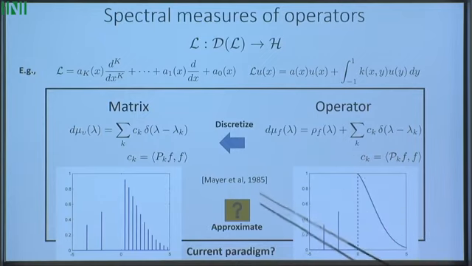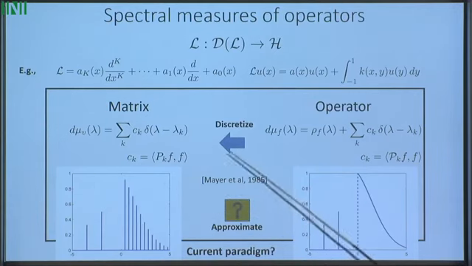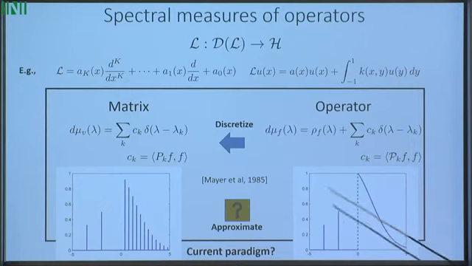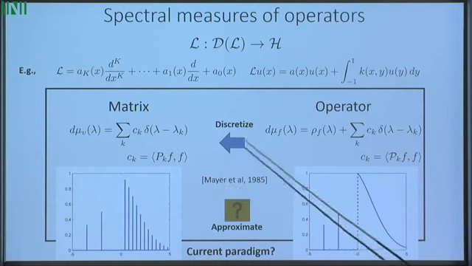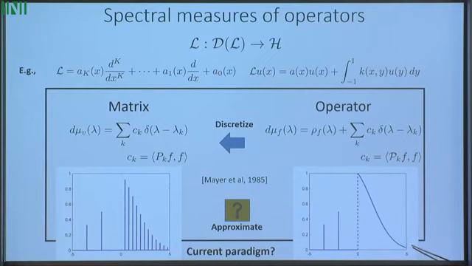You'll notice that the heights of these Dirac deltas are roughly following the profile of this continuous part of the measure. So this is to illustrate that often what we see in practice is that the eigenvalues of this matrix will cluster along the continuous spectrum of the operator.